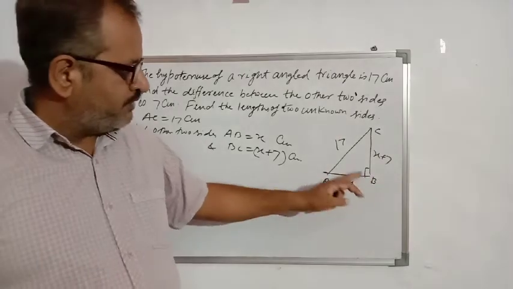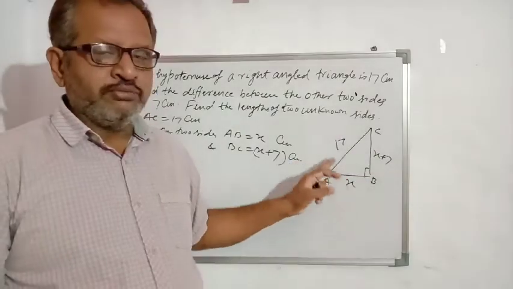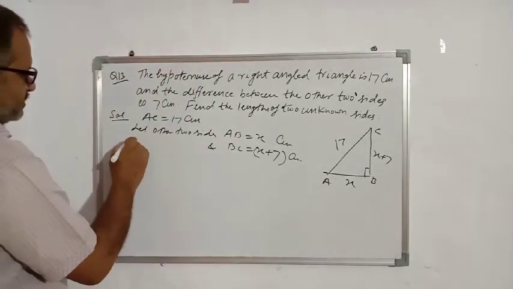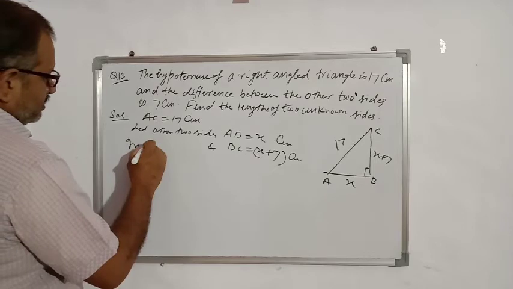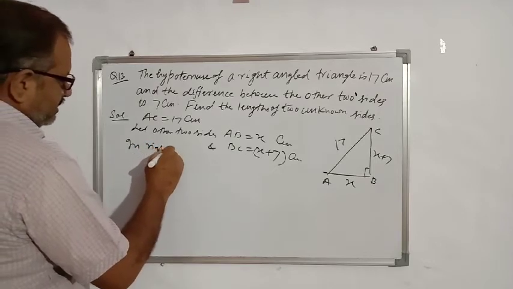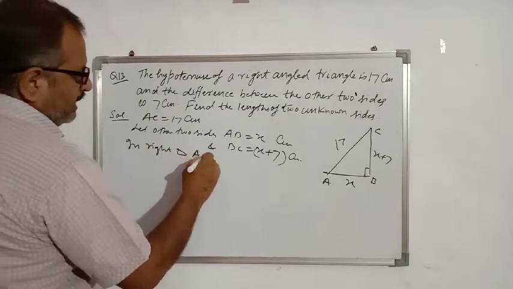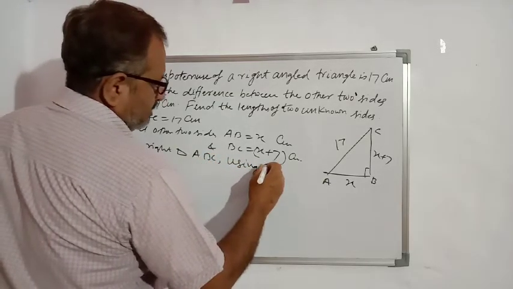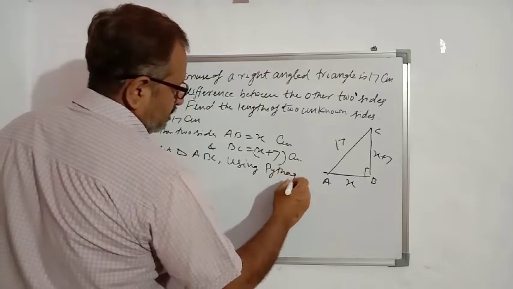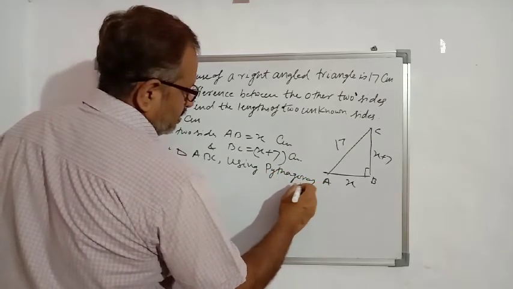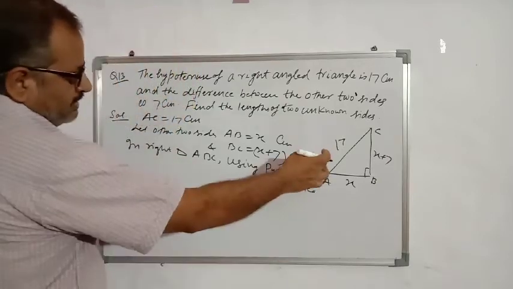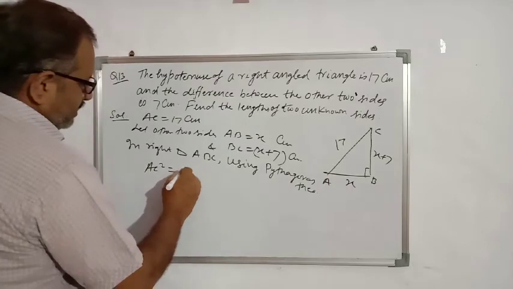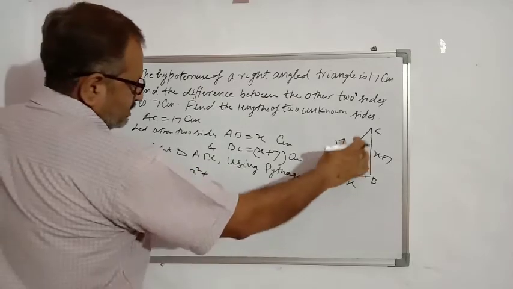In this triangle, we can use the Pythagoras theorem to make a quadratic equation. So using the Pythagoras theorem in right triangle ABC, AC square is equal to AB square plus BC square.